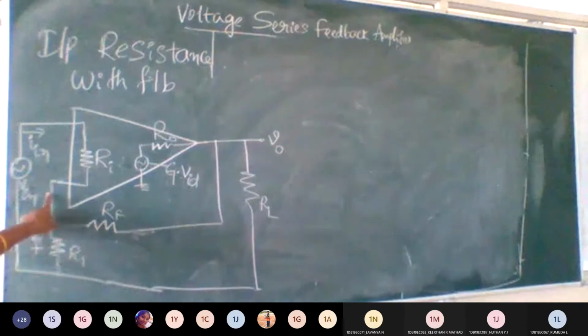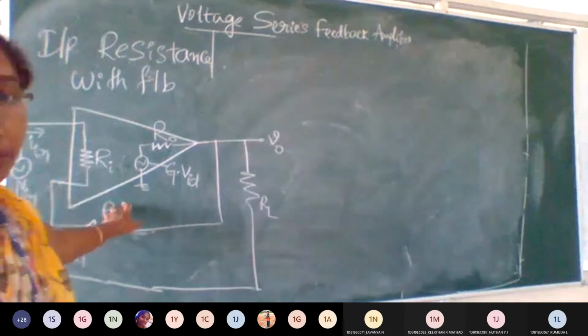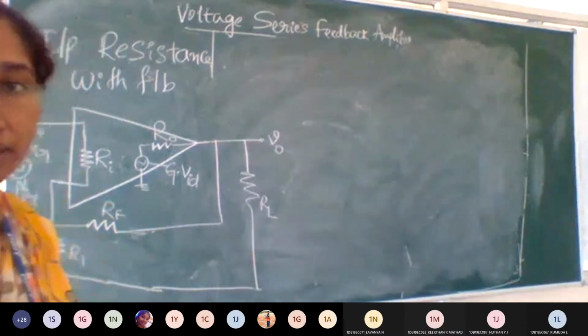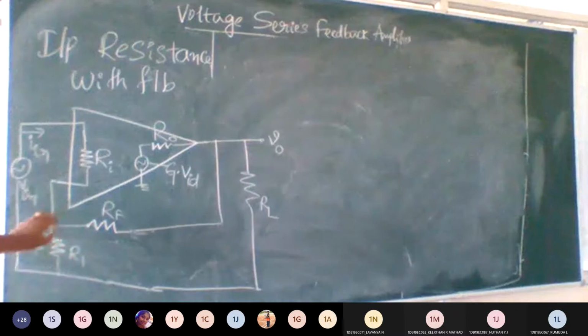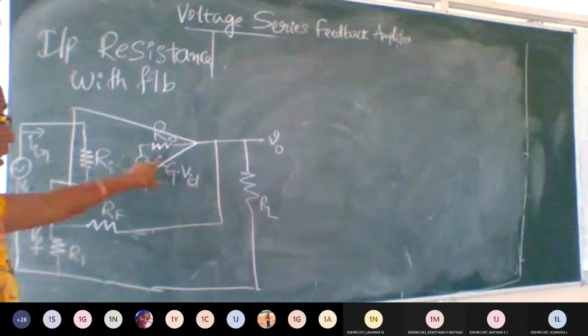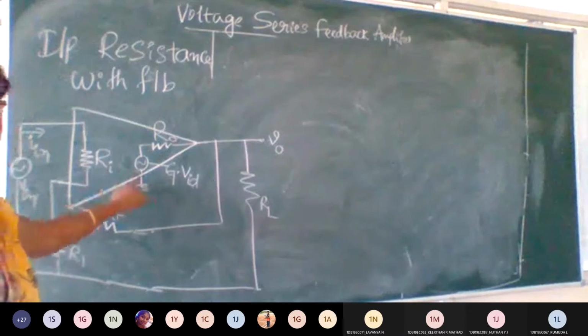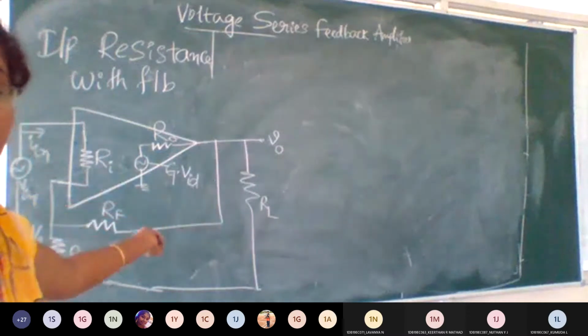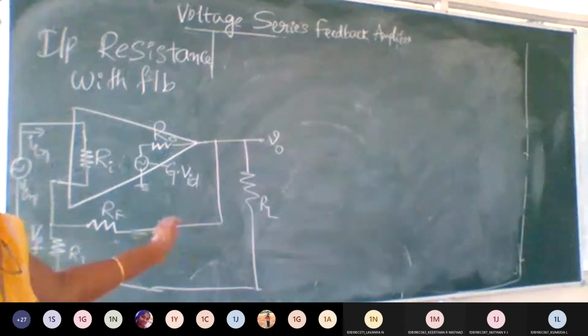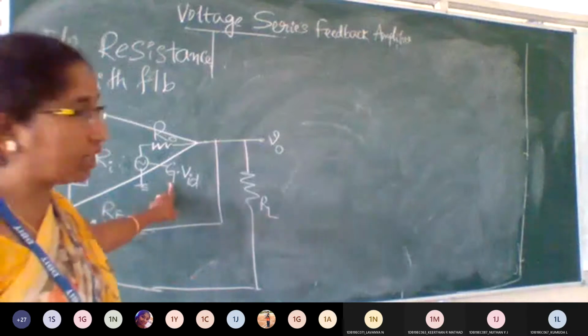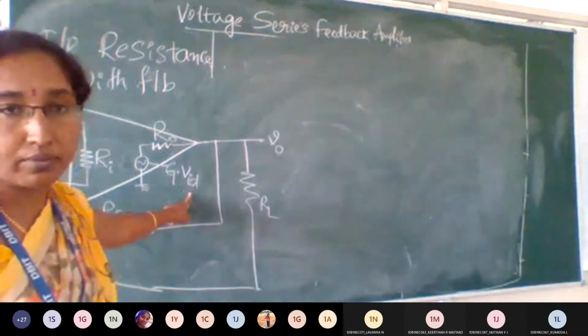So next we are going to find out the input resistance with feedback. Same circuit, I have written here the internal resistance and output resistance with a gain. Gain you can sometimes denote as A, G or sometimes K. Now they are taken as G into VID.